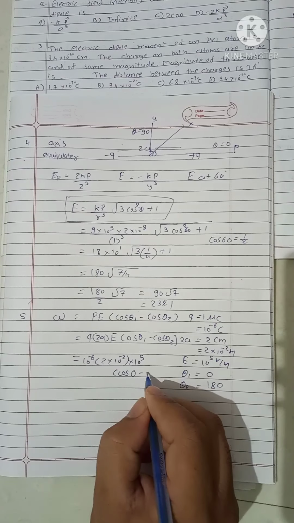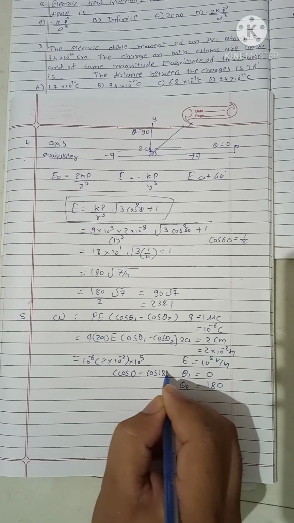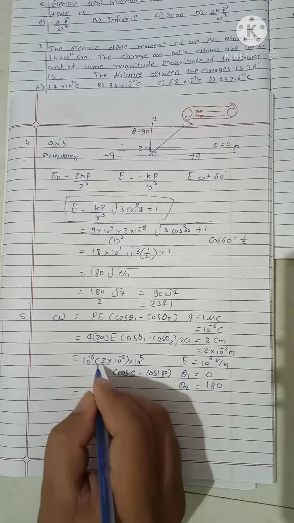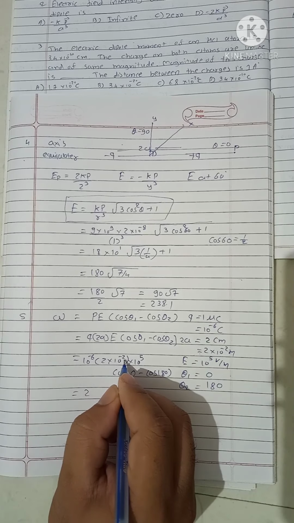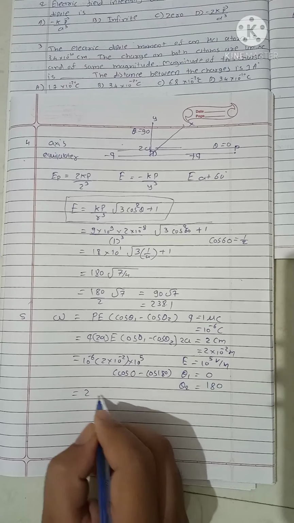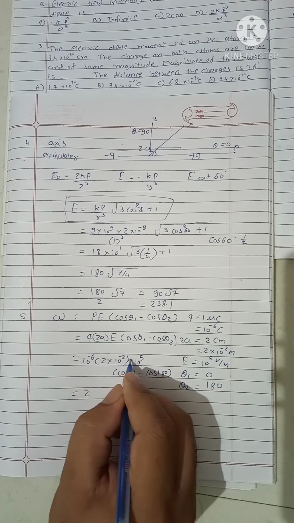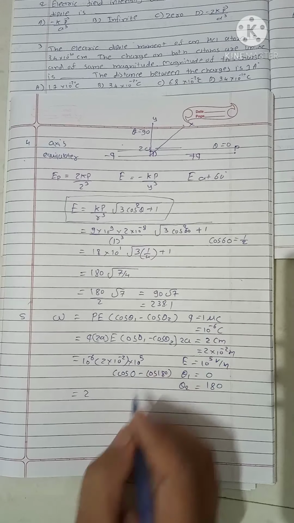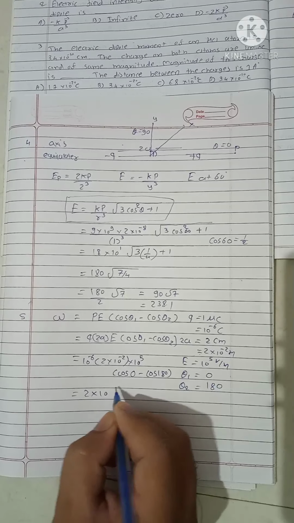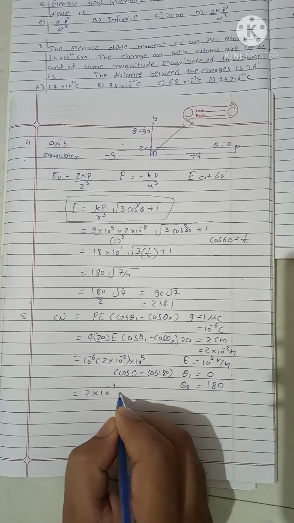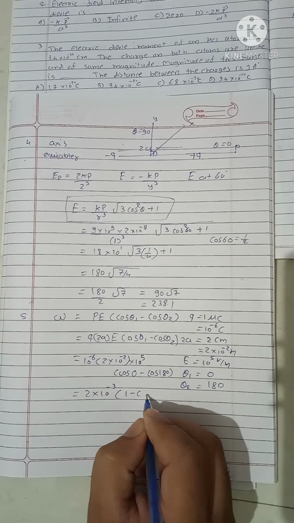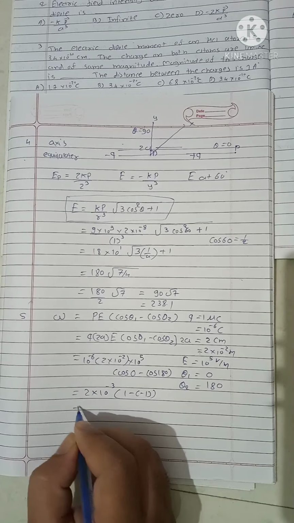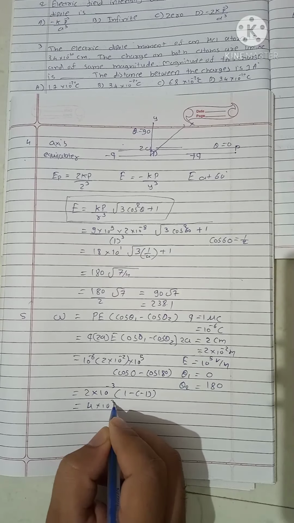Simplifying, 2 as it is, and 10 raised to minus 6 into 10 raised to minus 2 is 10 raised to minus 8, and with 10 raised to 5 it simplifies to 10 raised to minus 3. In the bracket, cos 0 is 1 minus cos 180, which is minus 1, so it gives us 4 into 10 raised to minus 3.